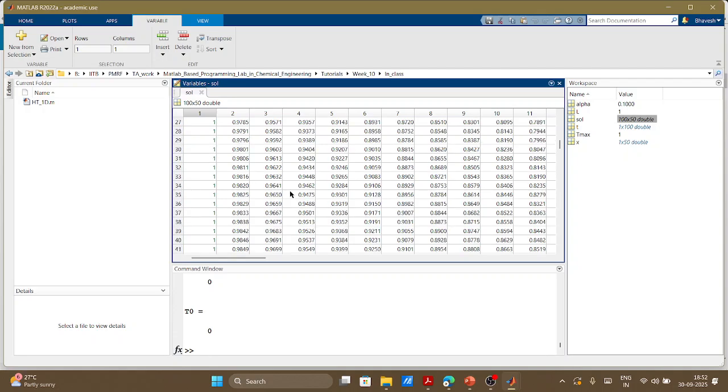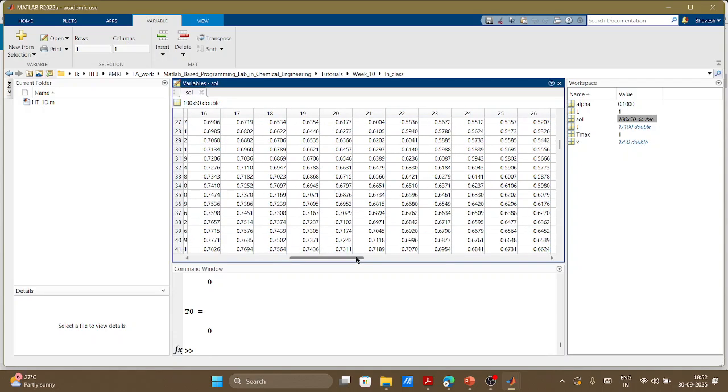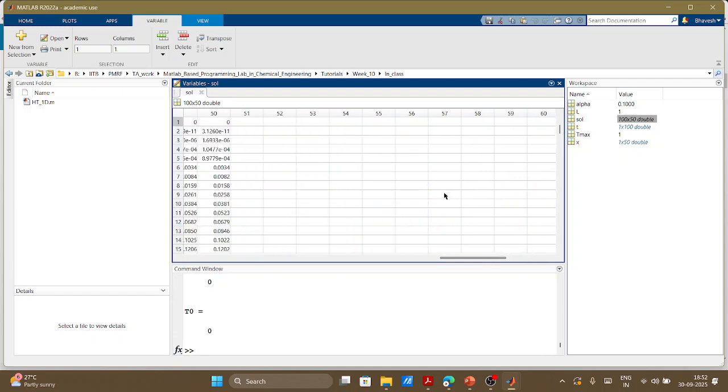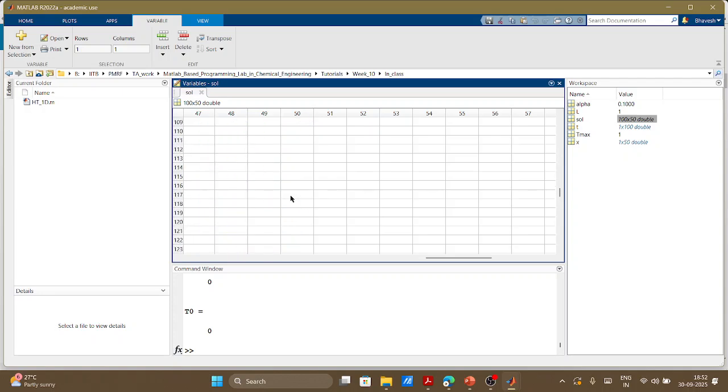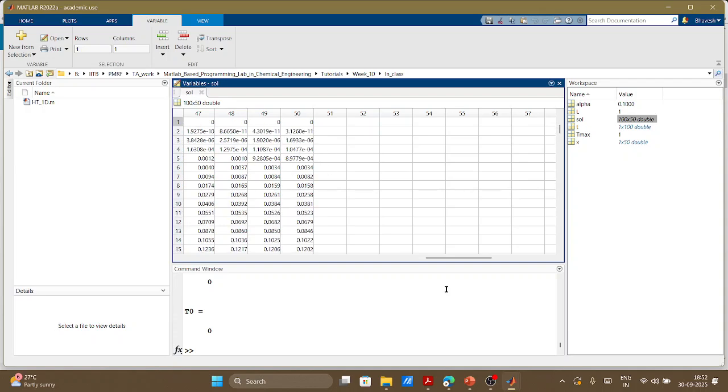And then for your right boundary, since it's insulated, the derivative will be 0. So the two consecutive values will be very closely related, right? Yeah, here. So at the end it will become almost constant. 8891, 8918, right? So the differentiation here will be 0.